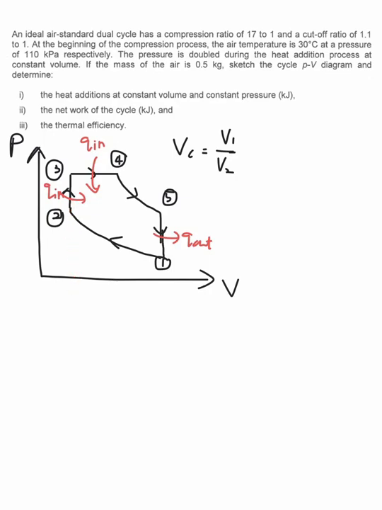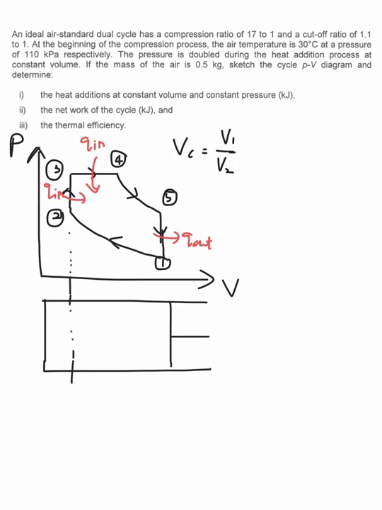To have a better view, if I were to sketch a piston cylinder here, when you have a compression, what will happen to your piston is it will end up in here. So this will give you volume at 1, and this is volume at 2, and it is equal to your volume 3.